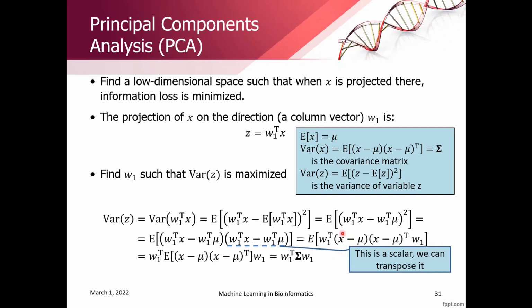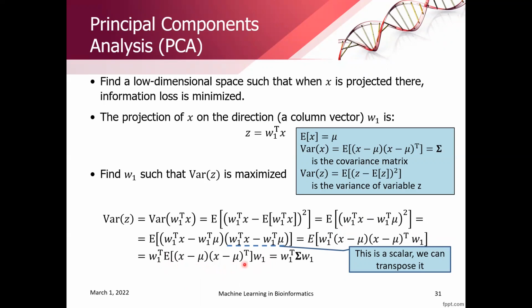Okay, what we have here, W sub 1 transposed, is a vector of constants. So we can put it out of the expected value. Similarly, this one, but to the right. So we have here W1 transposed times the expected value of x minus mu times x minus mu transposed times W sub 1.